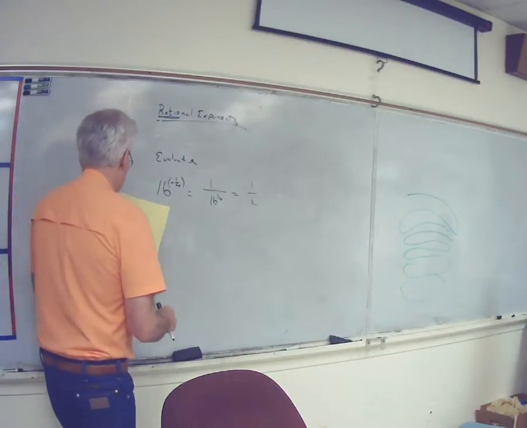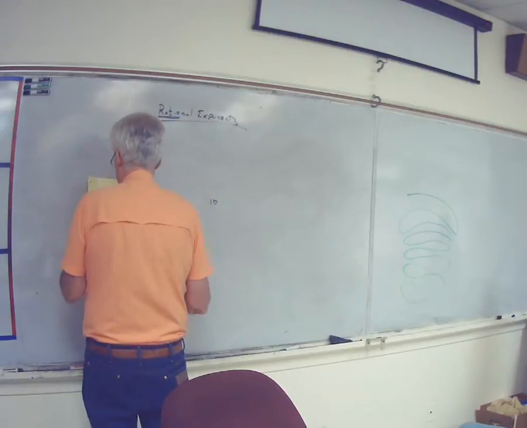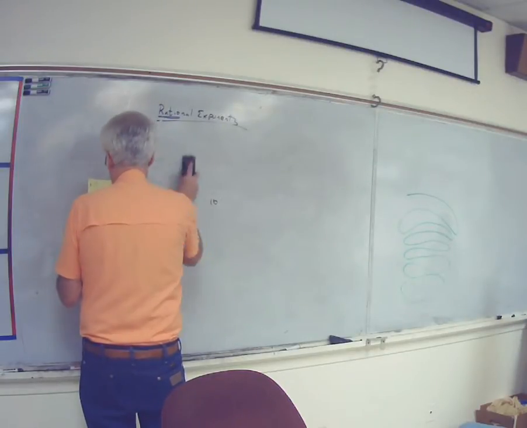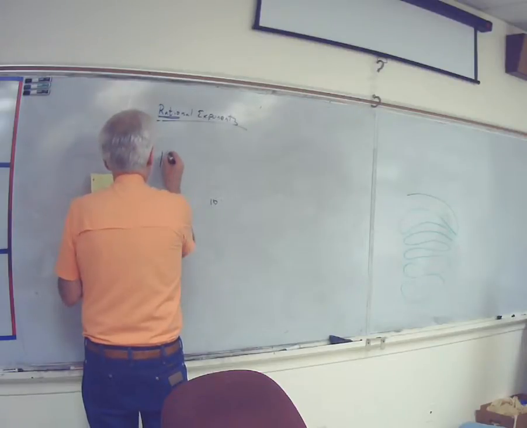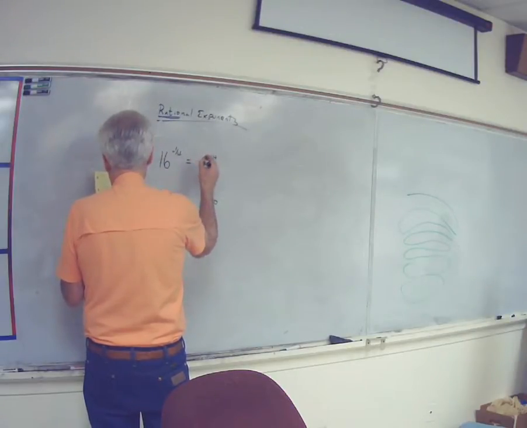Okay. Here's another way that you could work it. 16 raised to the minus 1/4 is equal to 2 to the 4th, and 2 to the 4th is 16, right?